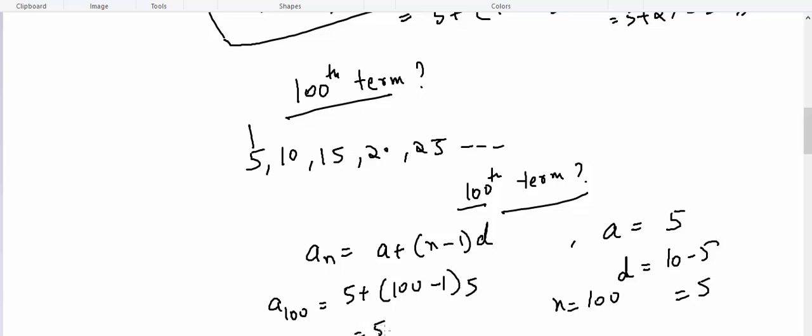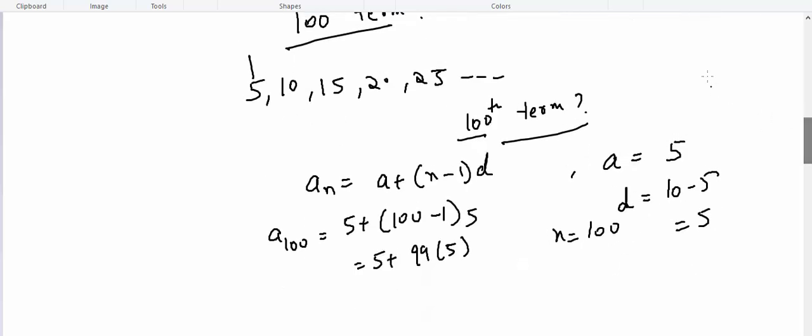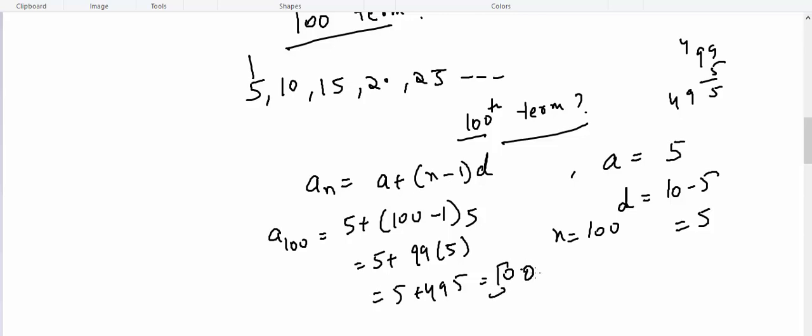So I get here 5 plus 99 times 5, and if you do 99 times 5, it's equal to 495, and it would be 5 plus 495 equal to 500. So this will become my 100th term of the sequence: 5, 10, 15, 20, 25, and so on.